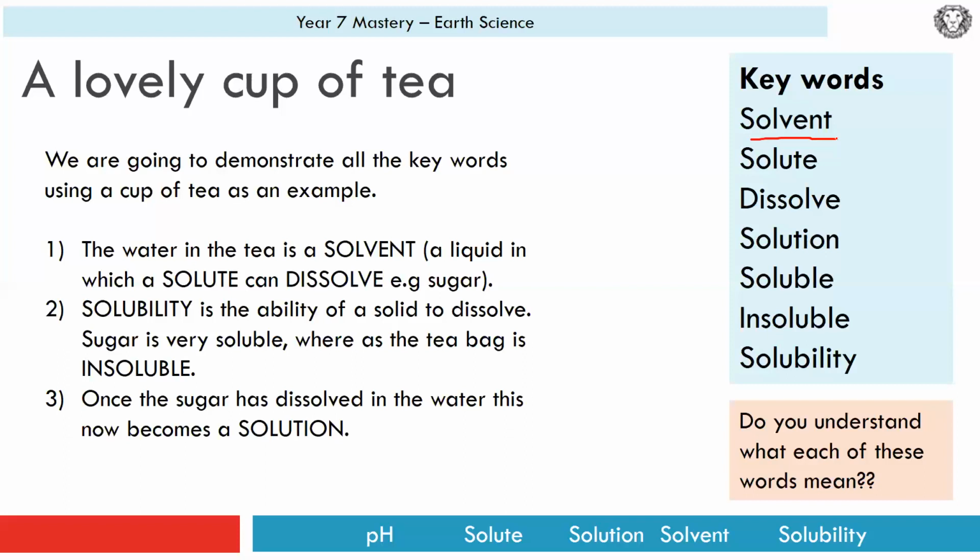Soluble is something that can dissolve, and insoluble is something that does not dissolve. Solubility, last and not least, is the measure of how well something can dissolve in water or a liquid. I hope that this has helped. Now go back and try doing your exit ticket, and I hope that you've done the best that you can.